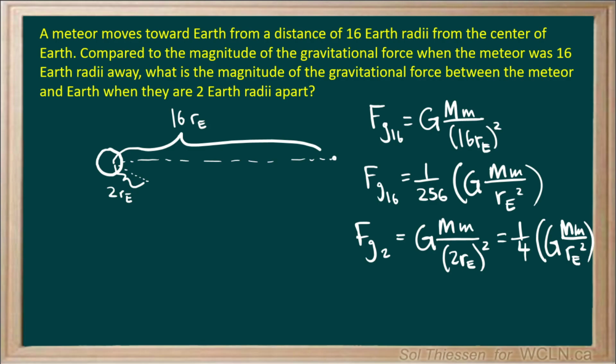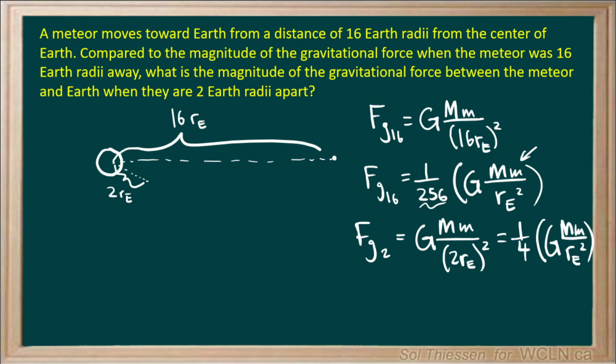So we see that when the two objects are 16 Earth radii apart, we have 1 over 256 times this value as the force. When they are 2 Earth radii apart, we have 1 over 4 times this value.